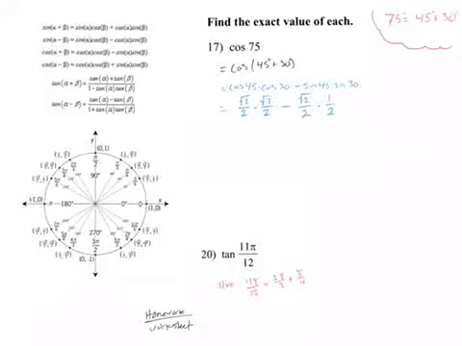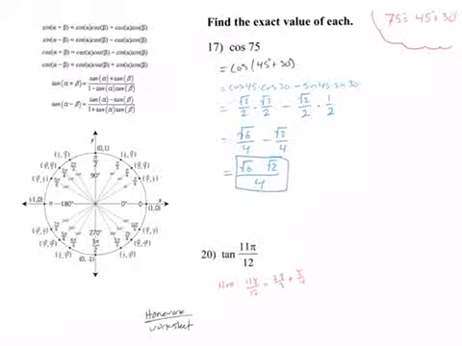So this comes out to be the square root of 6 over 4 minus the square root of 2 over 4, which comes out to be the square root of 6 minus the square root of 2 over 4. This is the exact answer. You could calculate it further if you want to approximate, but that's the exact answer.